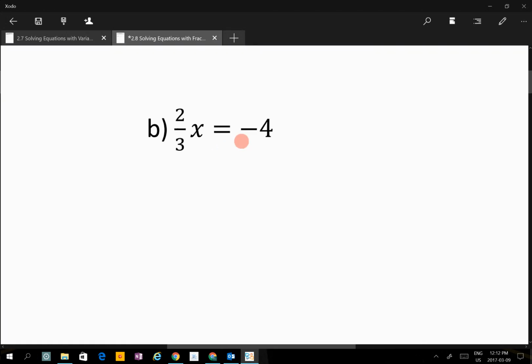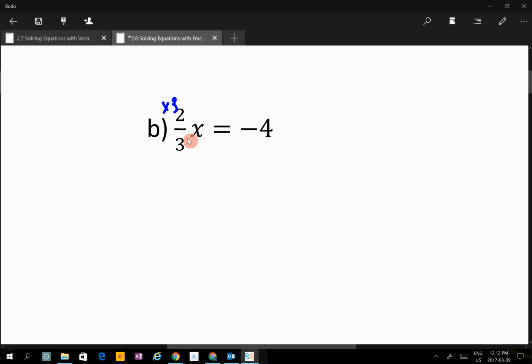Now looking at this next example, I see 2 over 3 times x equals negative 4. If we're going to be isolating x, we should be trying to deal with this denominator. The strategy here would be, you can either multiply by the reciprocal of this fraction, or you can take it one step at a time and start by multiplying by 3.